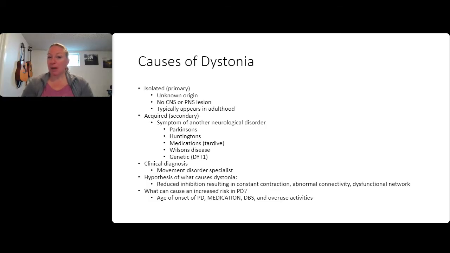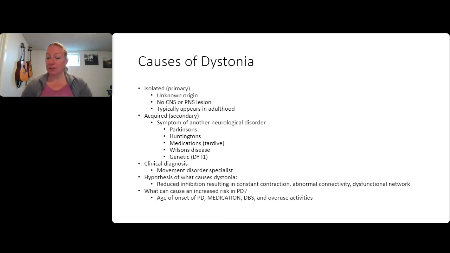Okay. So abnormal connectivity, dysfunctional network, and this constant contraction. So if we have excessive excitability, you can start thinking where our treatment philosophy may go. How can we calm the nervous system? How could we create some inhibition versus excitability?